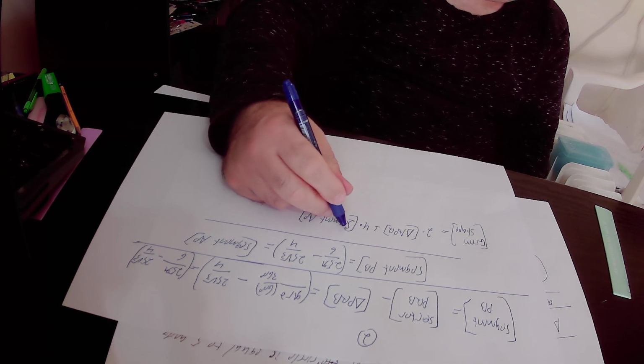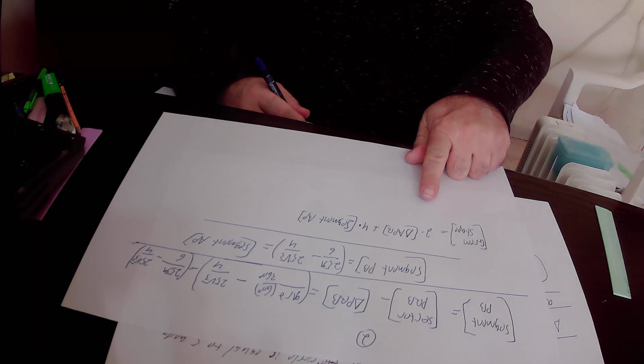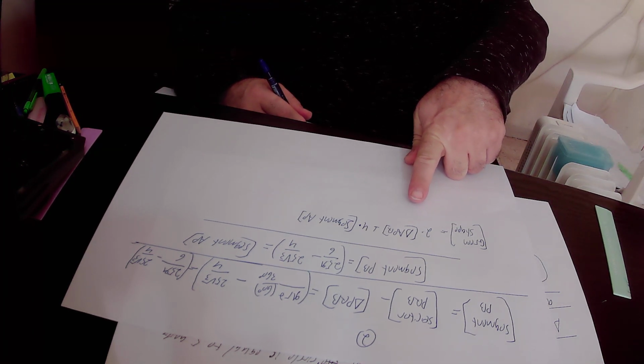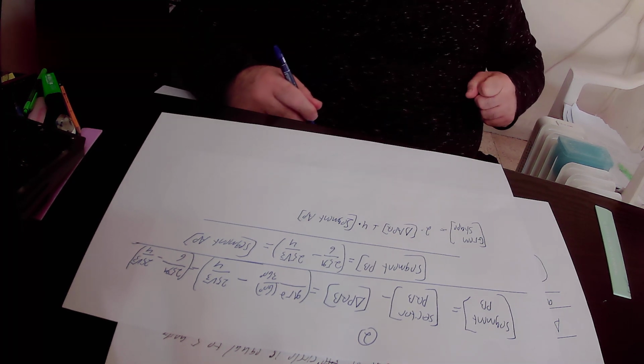I'll repeat again, the area of the green shape will be equal to 2 times the area of triangle APQ plus 4 times the area of segment AP.